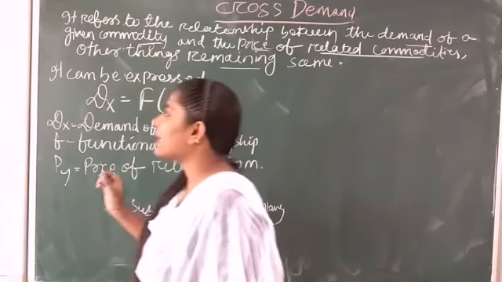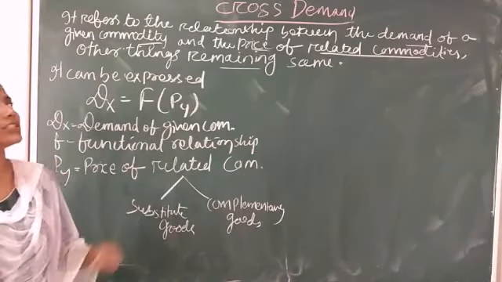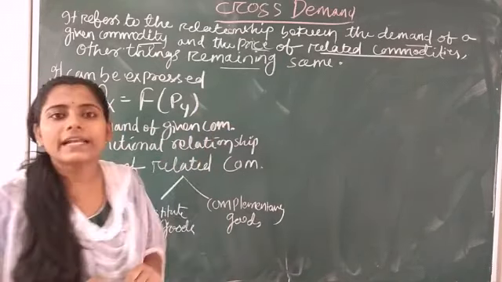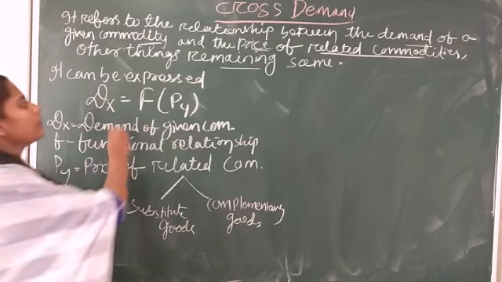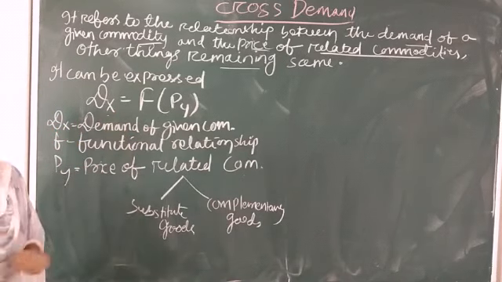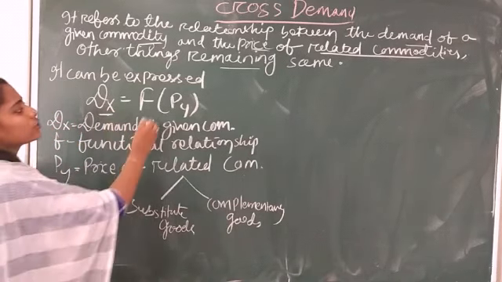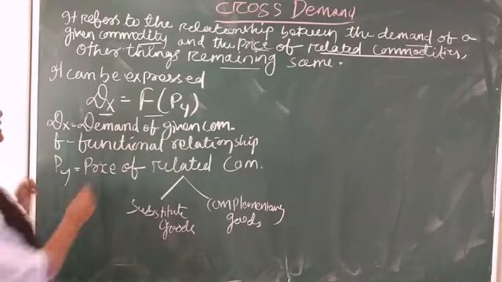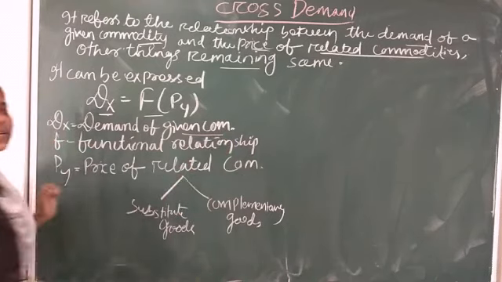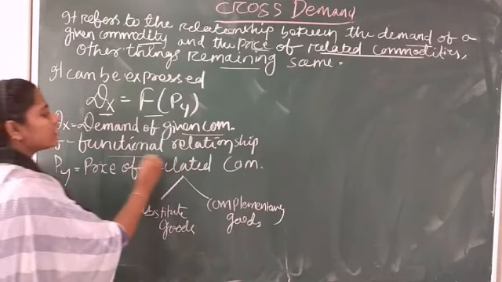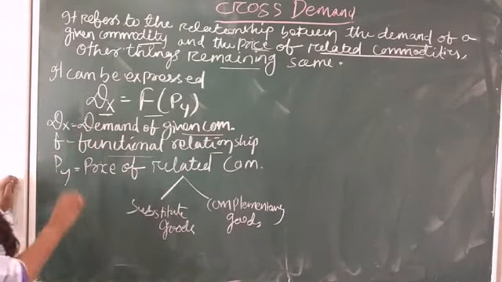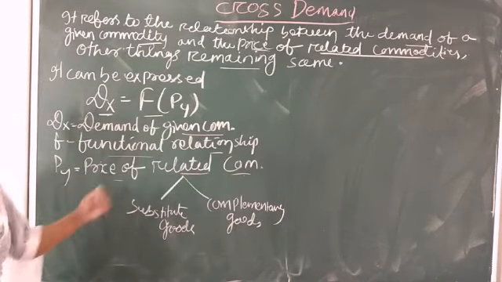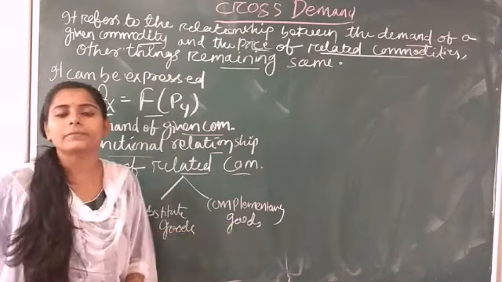So the function can be expressed as dx equals f of py. dx stands for demand of given commodity, f stands for functional relationship, and py stands for price of related commodity, which is your substitute goods and complementary goods.